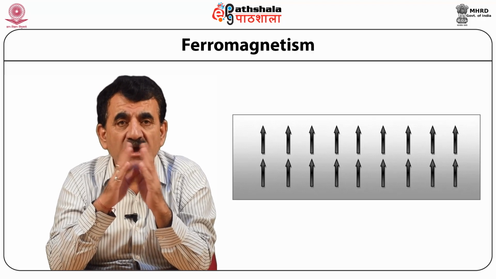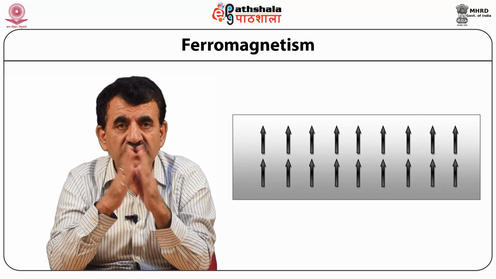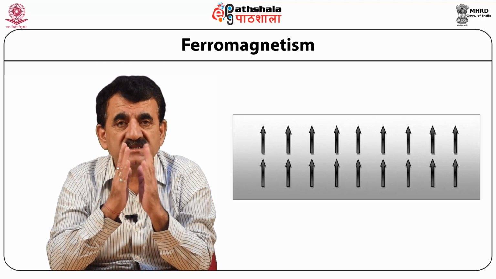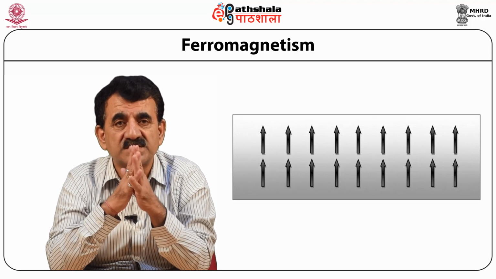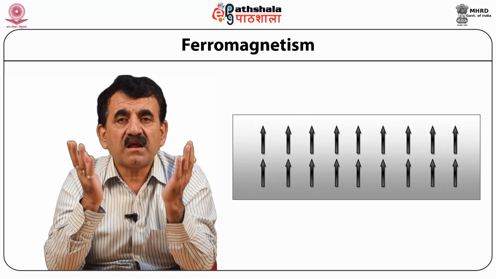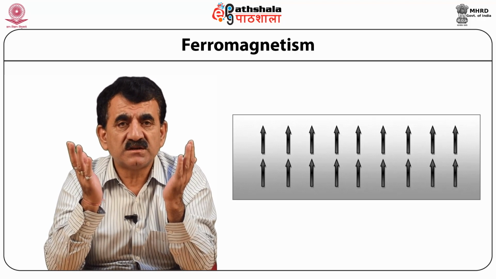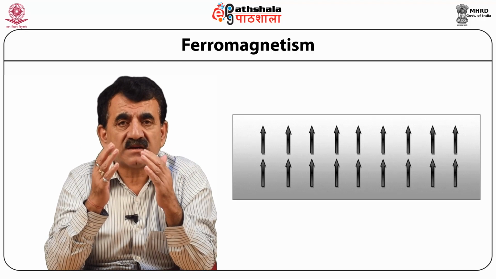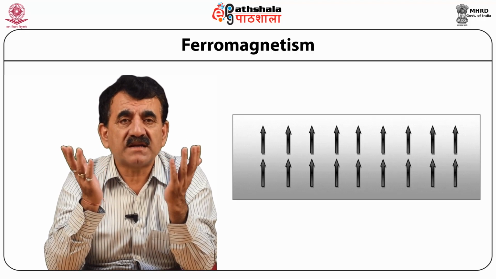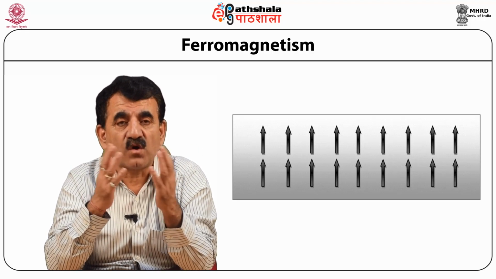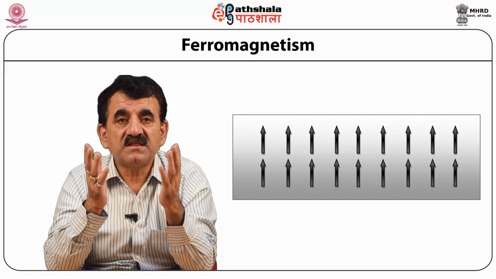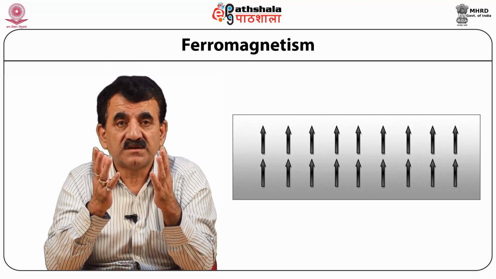Now, when we discuss ferromagnetic material, after knowing the basics of Hund's rule and crystal field splitting, the ferromagnetic material exhibits parallel alignment of magnetic moments to one another, resulting in a large net magnetization, which we call spontaneous magnetization, even in the absence of a magnetic field.